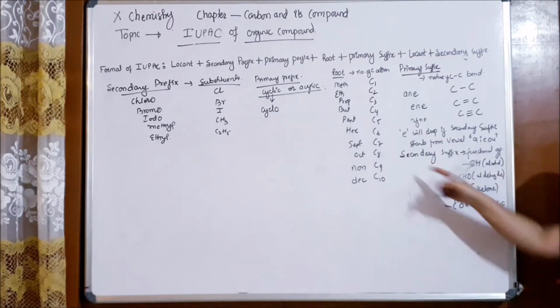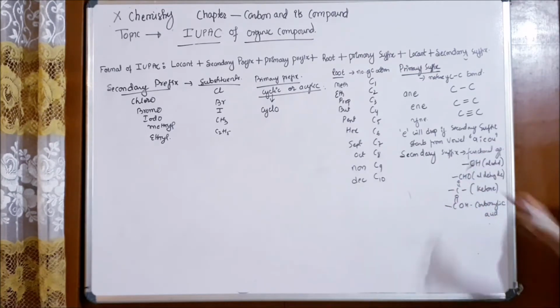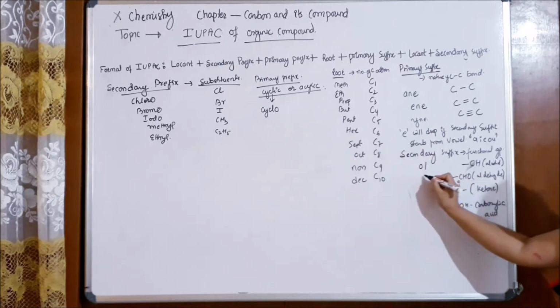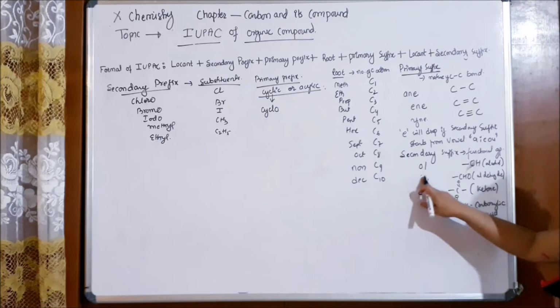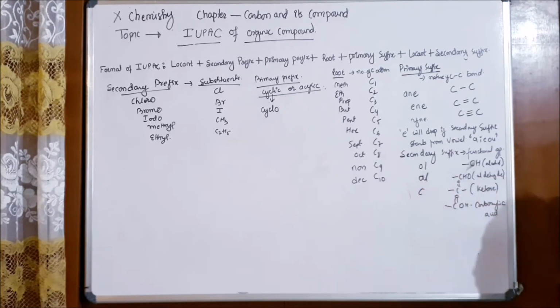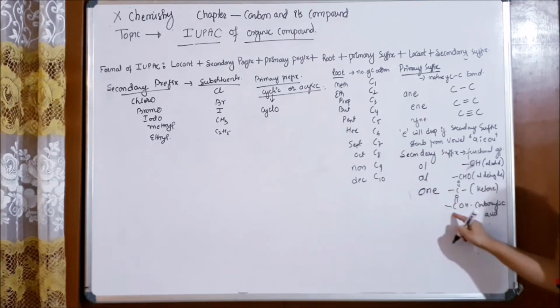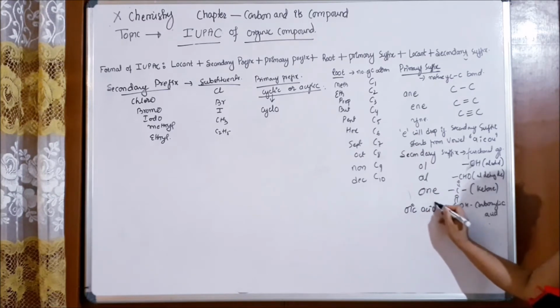Now what would be the secondary suffix for these functional groups? For alcohol, it is ol. For aldehyde, it is al. For ketone, it is one, okay, and for carboxylic acid it is oic acid.